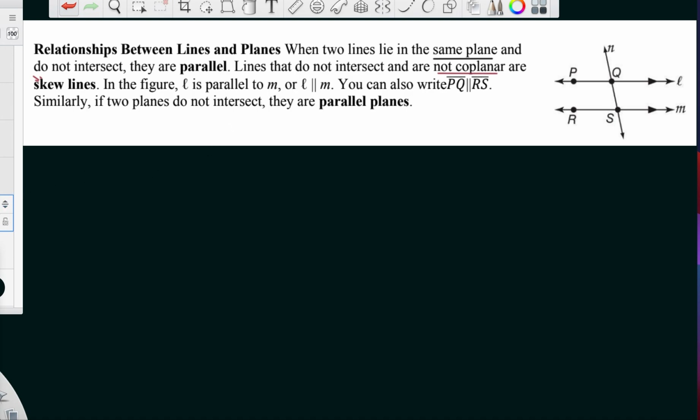But I want to do a little comparison, right? Let's do parallel versus skew. My K's aren't any good on this thing. Anyway, parallel versus skew. What do they have in common?